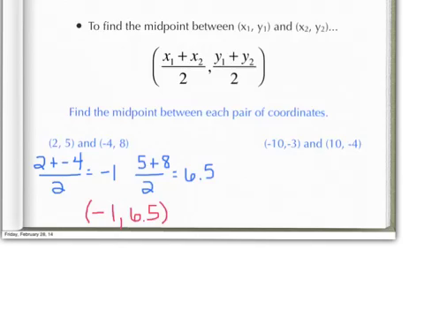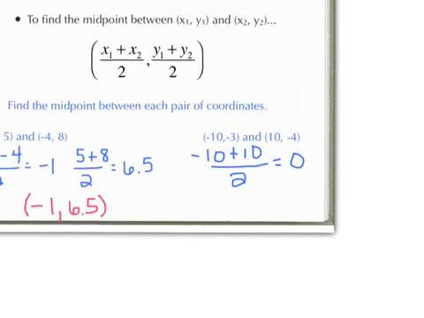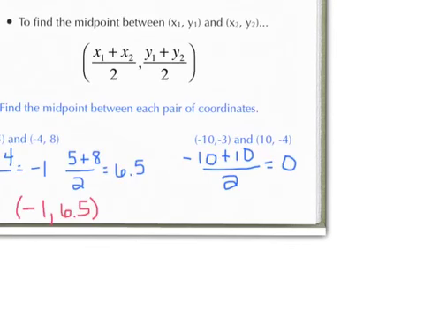What two numbers do you want to add together first? Okay, negative 10 and 10. So negative 10 plus 10. Don't let it freak you out that it's equal to 0. That's totally okay. Negative 10 plus 10 is equal to 0, and then 0 divided by 2 is still 0. Then what am I adding together? Negative 4, negative 3.